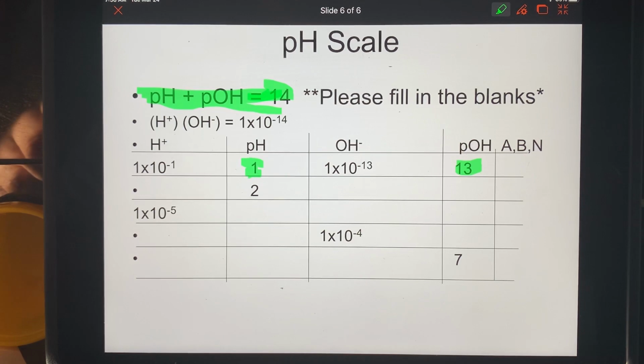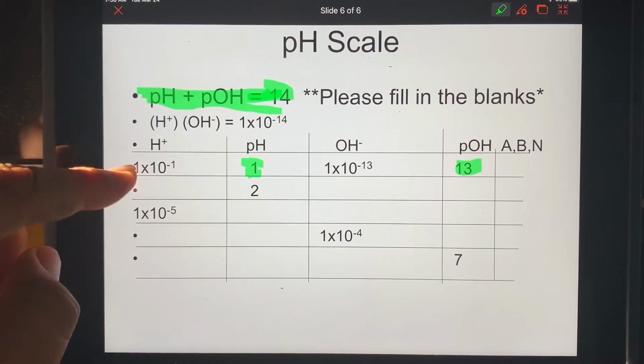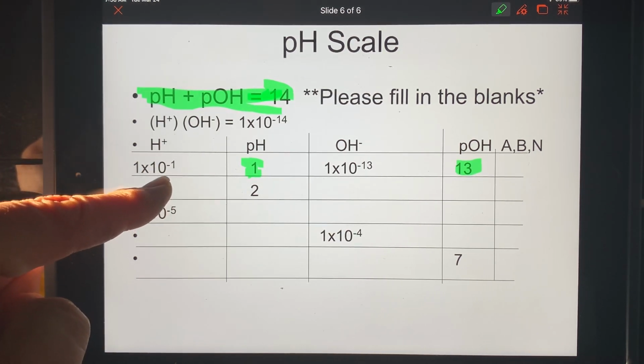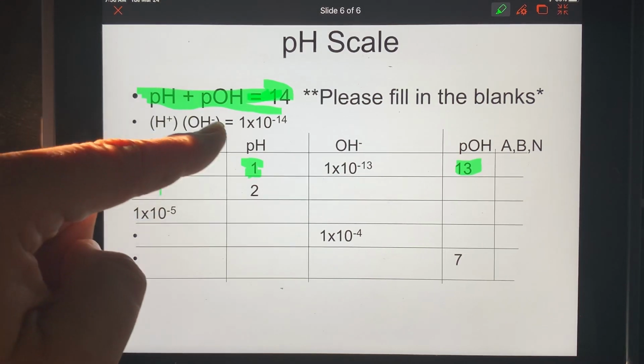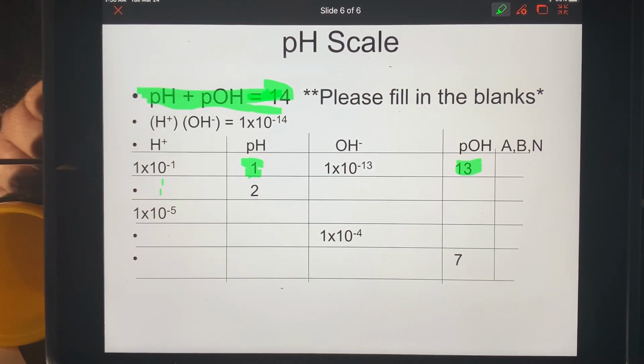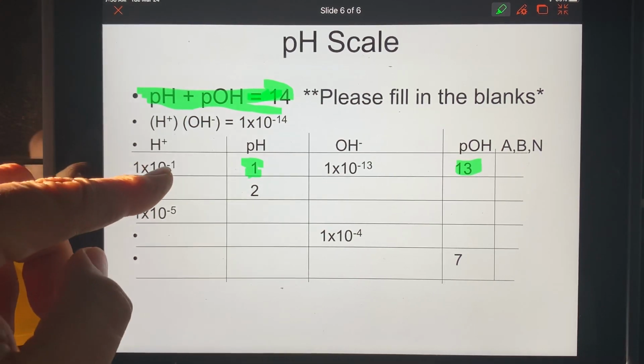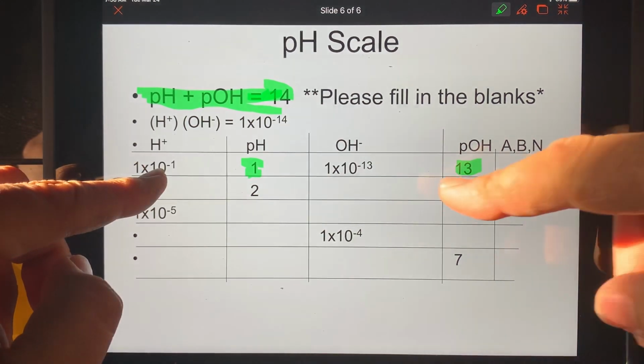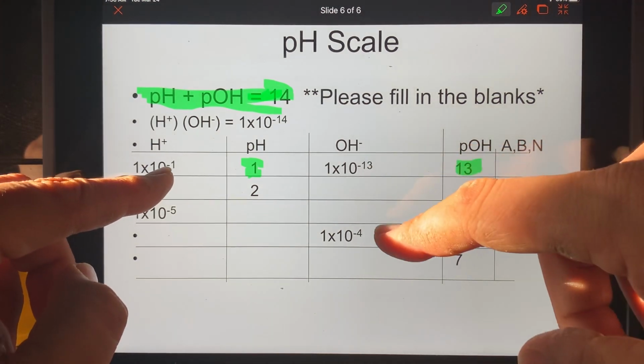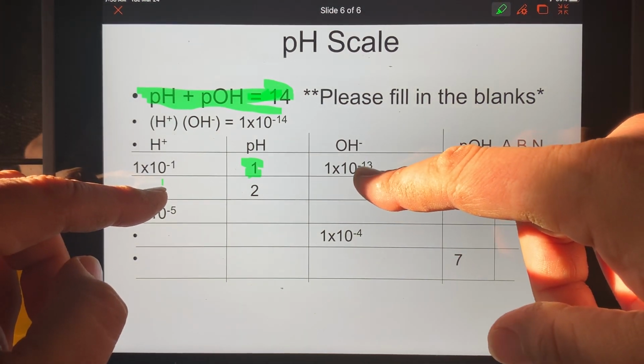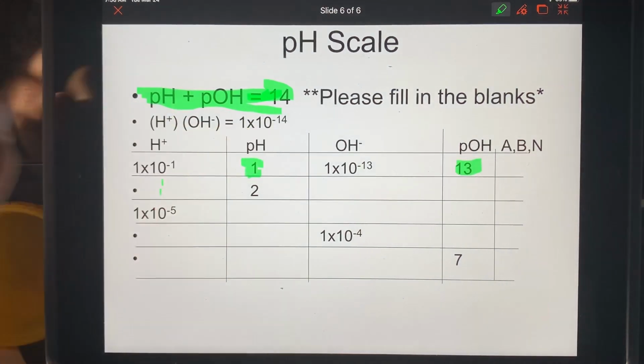Well, 1 plus 13 will give me 14. Simple. Okay, going back to math, your exponent says here 10 to the negative 1. When you multiply exponents, you're actually adding them. So if this is 10 to the negative 1, this must be 10 to the negative 13, because negative 1 plus negative 13 gives me negative 14.